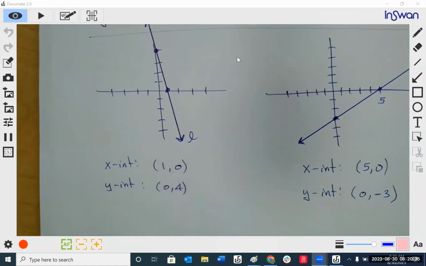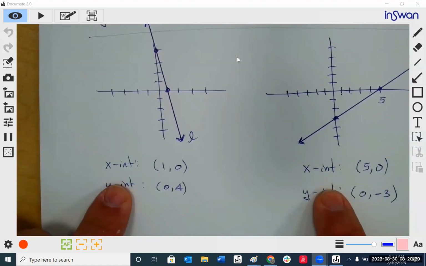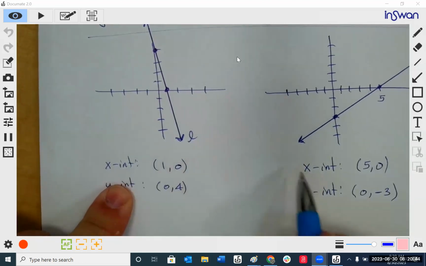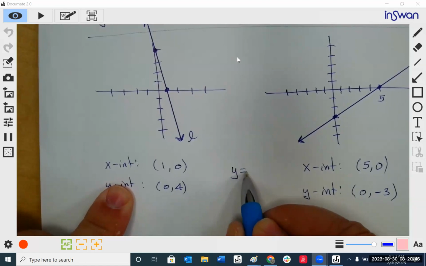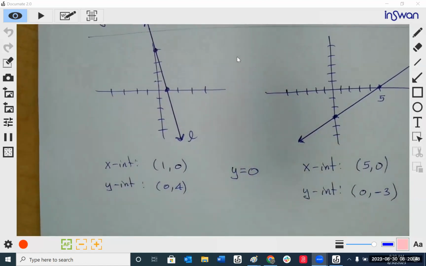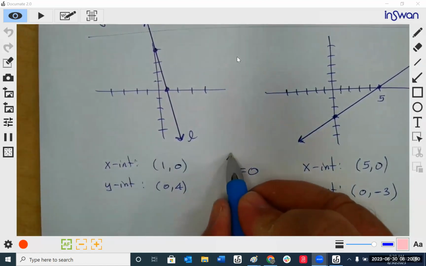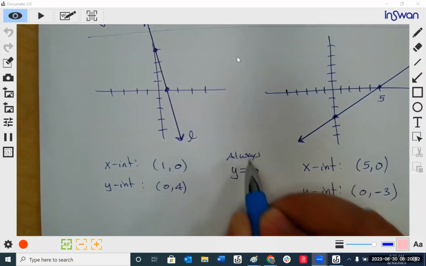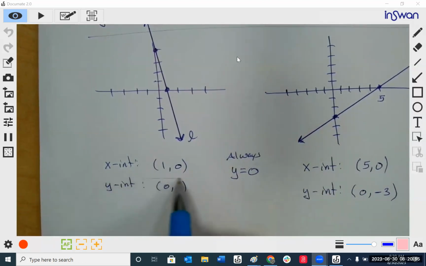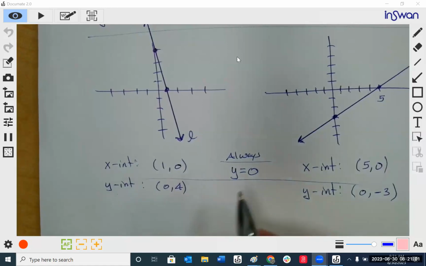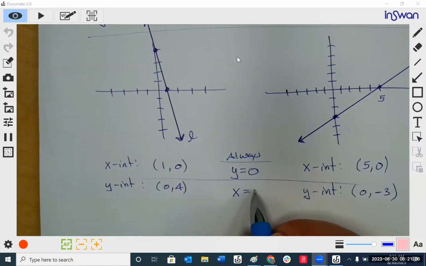Notice one thing. The x-intercepts. What's always constant in there? In both of these x-intercepts, what number is always the same? Yeah. So in an x-intercept, y is always equal to 0. On a y-intercept, what is true? x is always 0.